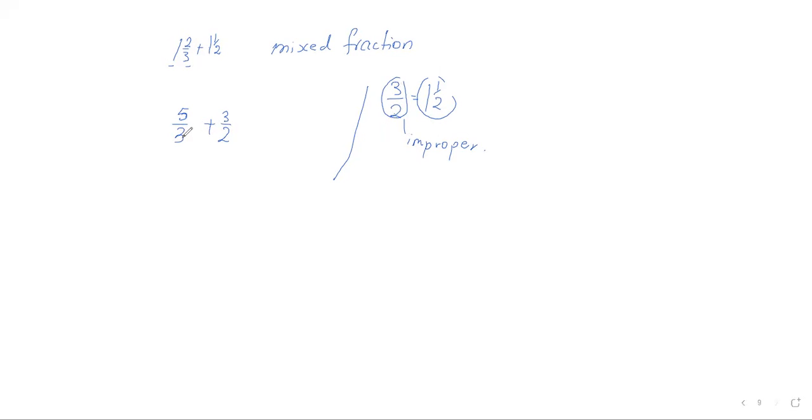So now we have 5 over 3 plus 3 over 2. We multiply here by 3 over 3, which we agreed is a 1, and by 2 over 2 there, so that we can have a common denominator of 6.